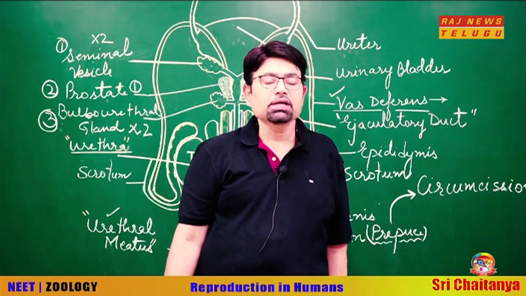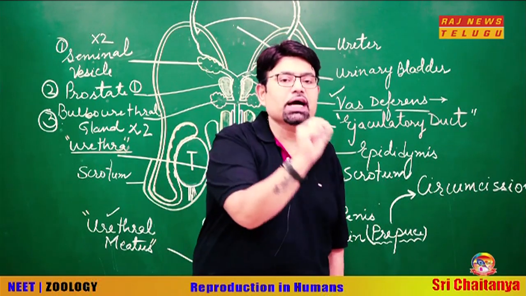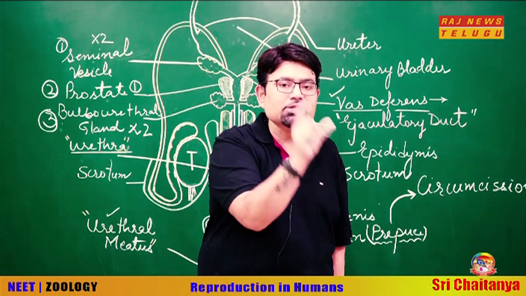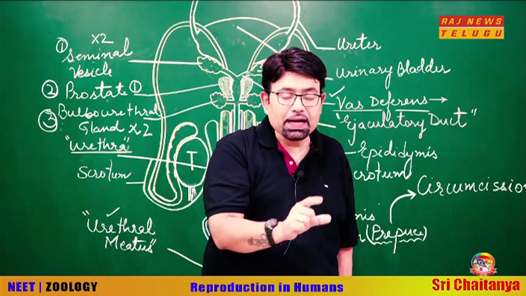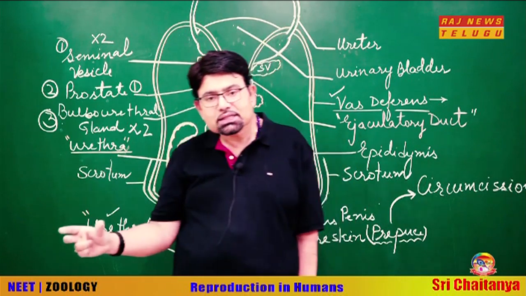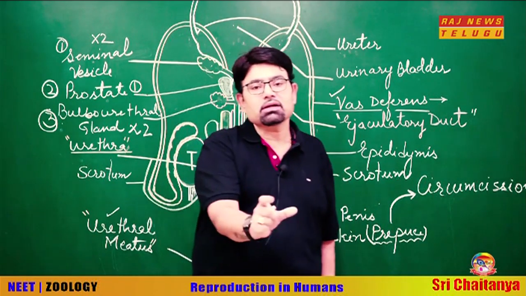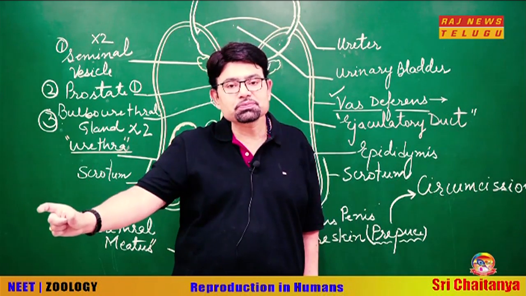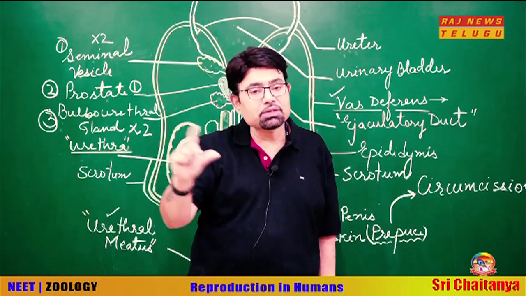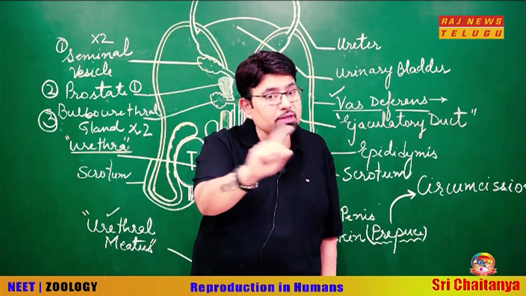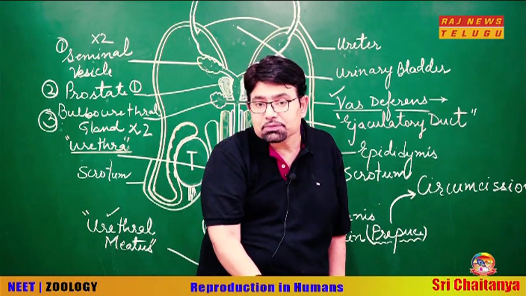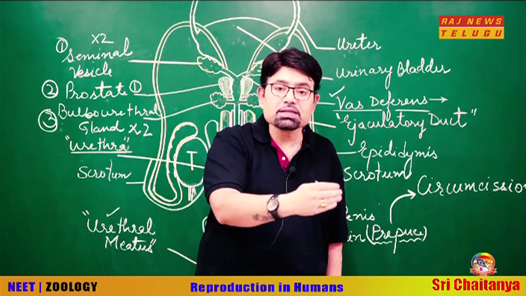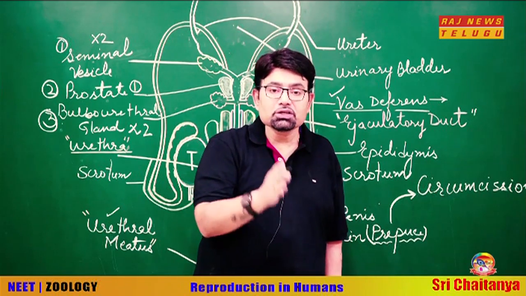Urinogenital aperture. It is called urinogenital because it carries urine as well as semen that contains sperm and helps in genesis. Genital, concerned with reproduction. Remember, in females we cannot call the urethra the urinogenital duct because in females it carries only urine.